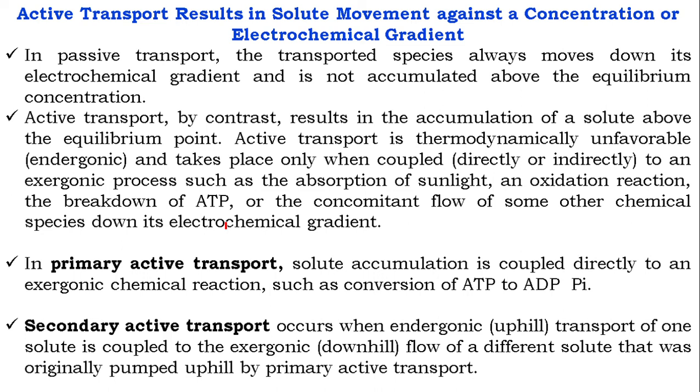In a primary active transport, solute accumulation is directly coupled to an exergonic chemical reaction, that is hydrolysis of ATP. While in a secondary active transport, an endergonic, uphill transport of one solute is coupled with an exergonic or downhill transportation of another solute.